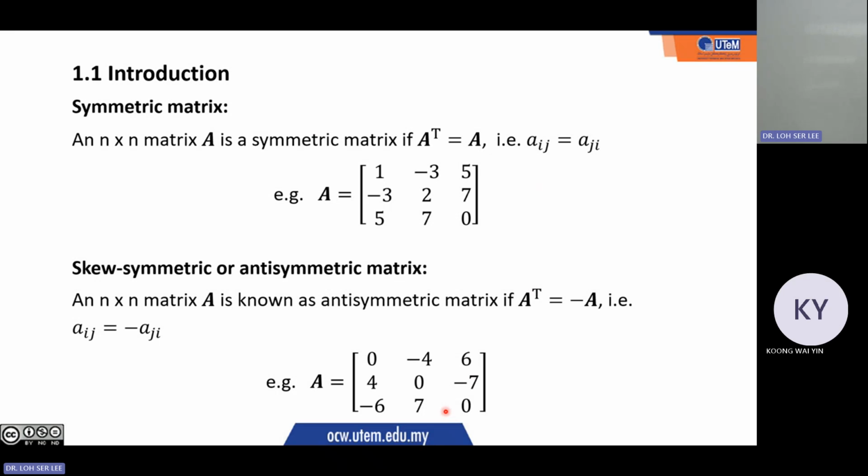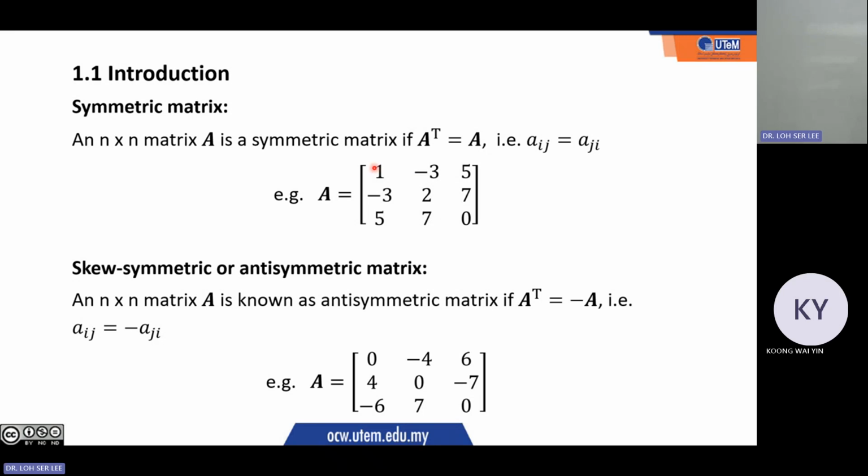The first one is symmetric. I think all of you know what a symmetric matrix is. It looks like a matrix that is symmetric along the diagonal.